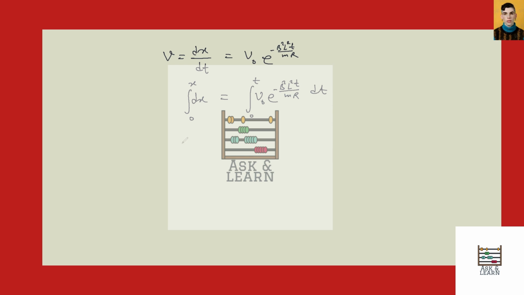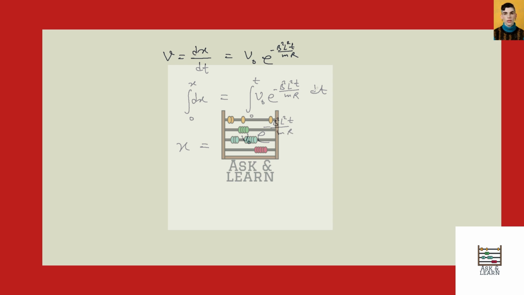So the expression for this x comes out to be, v naught, being a constant, can be taken out, and the integration of this e to the power will remain same as e to the power minus B square L square t divided by mR.